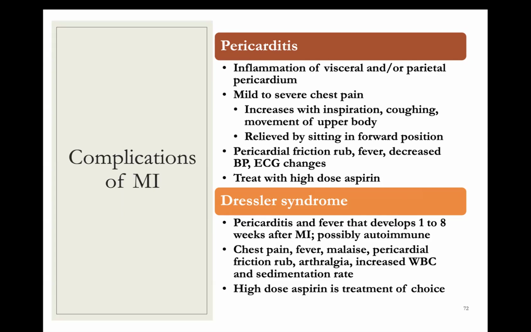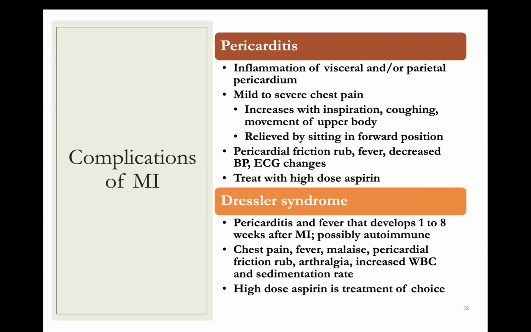Dressler syndrome is pericarditis, so inflammation of the pericardium, and a fever that develops within the first 2 months after an MI that is thought to be an autoimmune condition. It doesn't happen to everybody, and we don't really know why it happens to some people and not to others. But these patients, after an MI, might start developing sudden chest pain, fever, and be very malaised.